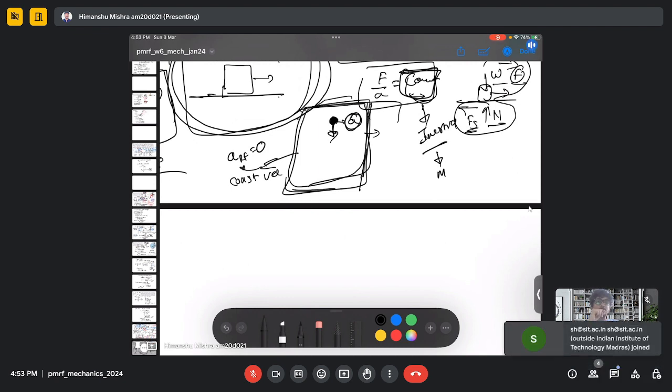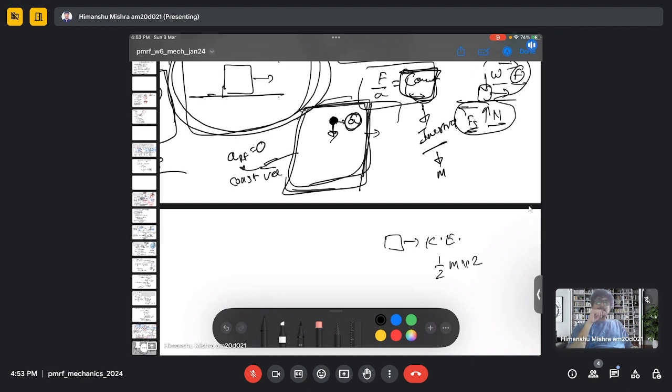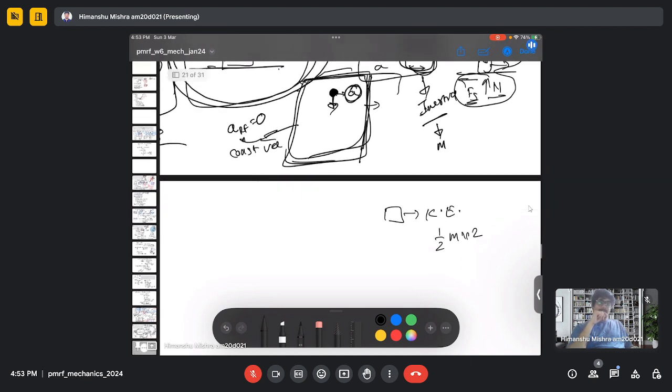No, it is consuming more energy because of the kinetic energy. If the body is moving, it has some kinetic energy, and the kinetic energy is 1/2 mv squared. Now you say the velocity is constant in both cases: in the first case it is 30, and in the second case it is 60.